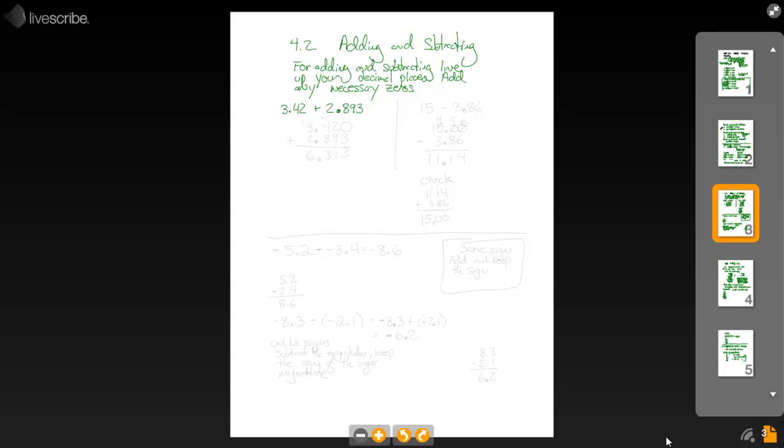So, for example, I'm just going to give you a couple examples. If I wanted to do 3.42, so 3 and 42 hundredths, and 2.893, or 2 and 893 thousandths, real similar to how the book was doing their taxes there.